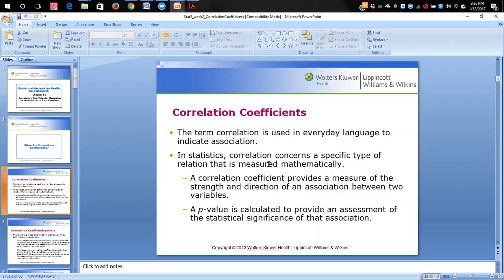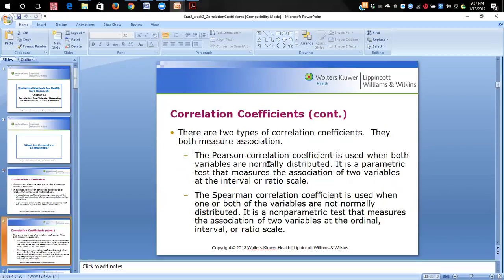The coefficient is a measure of the strength and direction of the relationship between your independent and your dependent variable, and the p-value is the calculated test statistic, which provides an assessment of how significant that association is between the independent and dependent variables.